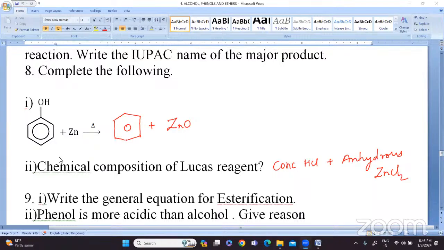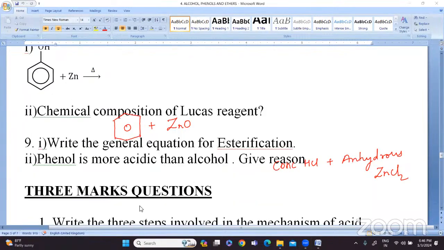Next question. Write the general equation for esterification. Students, write the general equation for esterification. For each, 2 questions are asked, so for each question you'll get 1 mark. Before that, what is esterification?